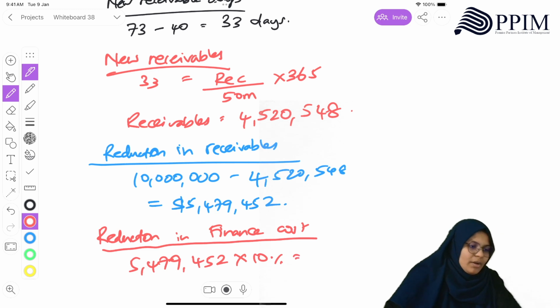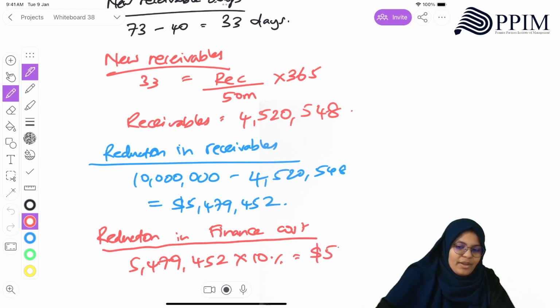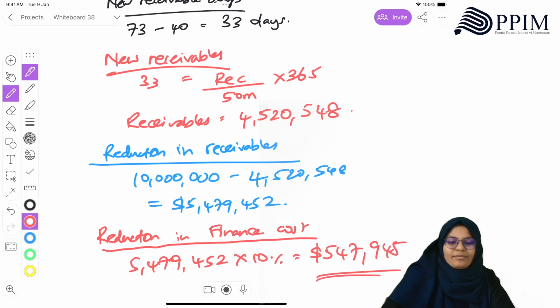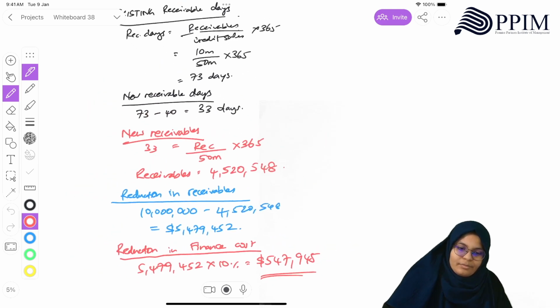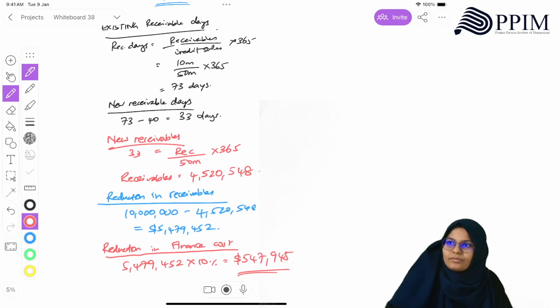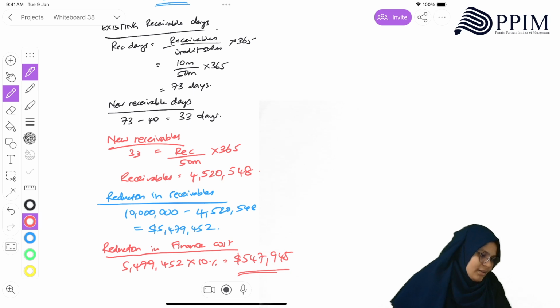So we are talking about 547,940. That's the answer. Okay, so it's a very classic example of the cost versus benefit analysis. Take it down if you haven't taken it down yet.